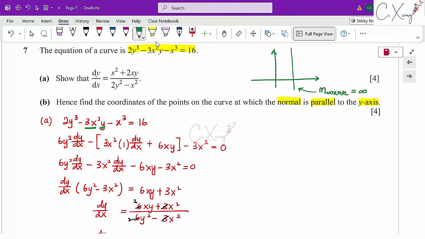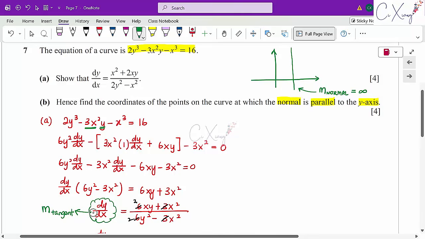So when the gradient of normal equals infinity, how can I link it with the gradient of tangent? Because the dy dx here means the gradient of tangent. How can I link the gradient of normal with gradient of tangent?